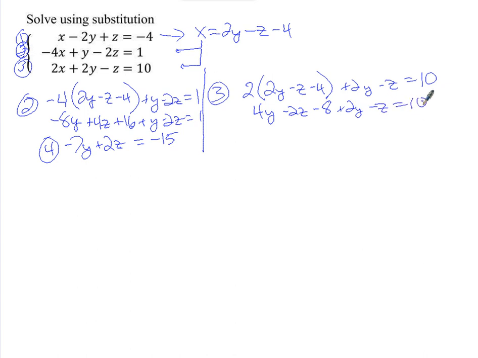Combine your like terms, and I'm going to combine y's first because y comes before z, and I want to write y first. 4y plus 2y is 6y. Negative 2z minus z is negative 3z. And then this 8 is on the wrong side, so I'm going to add 8 to both sides, equals 18. And that's my equation 5.